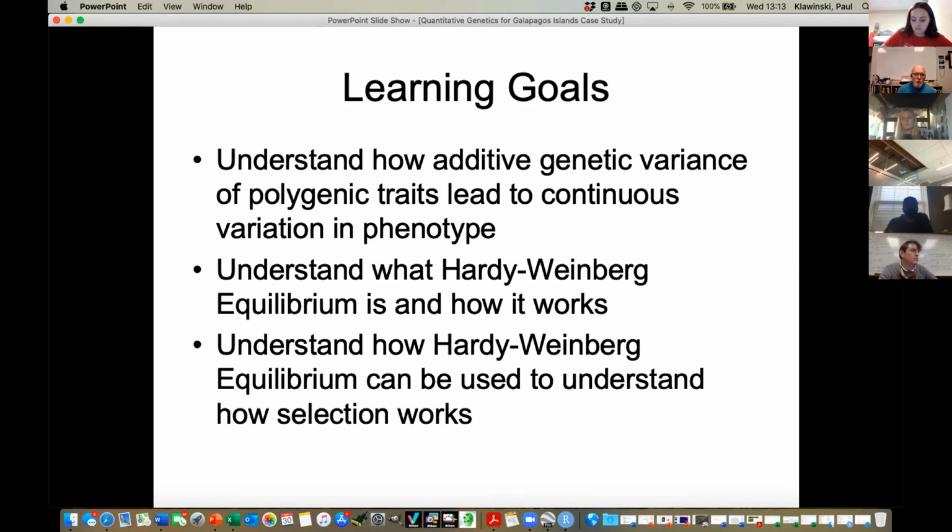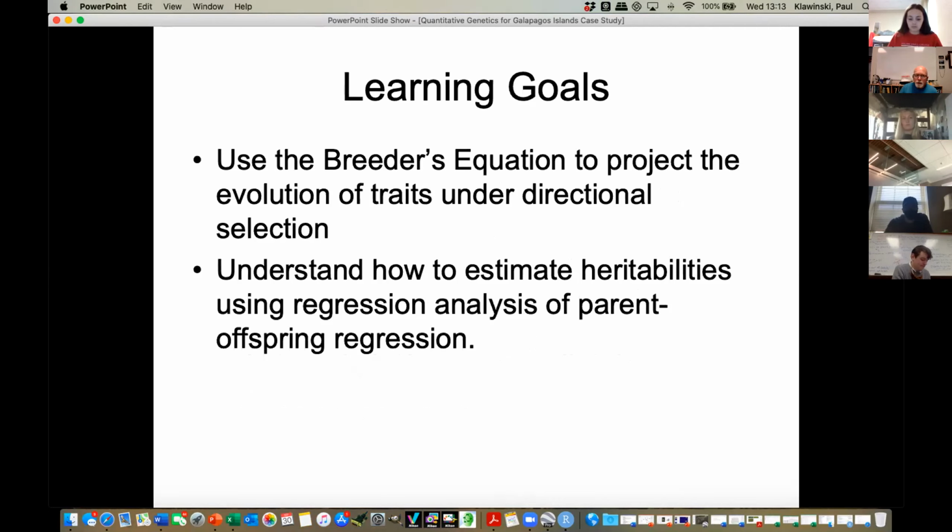We're going to use an example of Manx cats to do this. And then ultimately, we're going to look at how we can determine the heritability of quantitative traits and use the breeder's equation to predict evolution from one generation to the next. And we'll learn how to estimate heritabilities using regression.